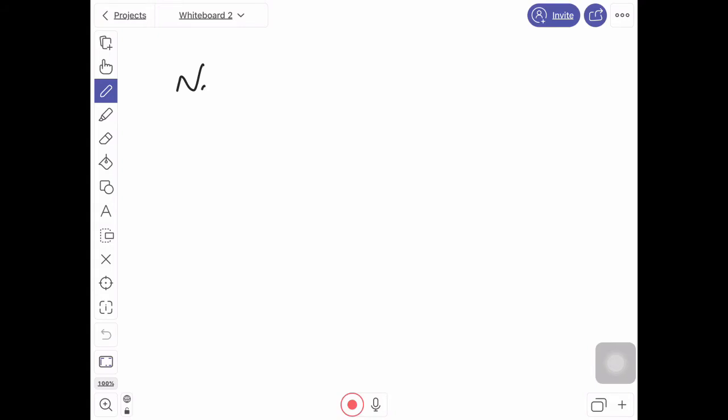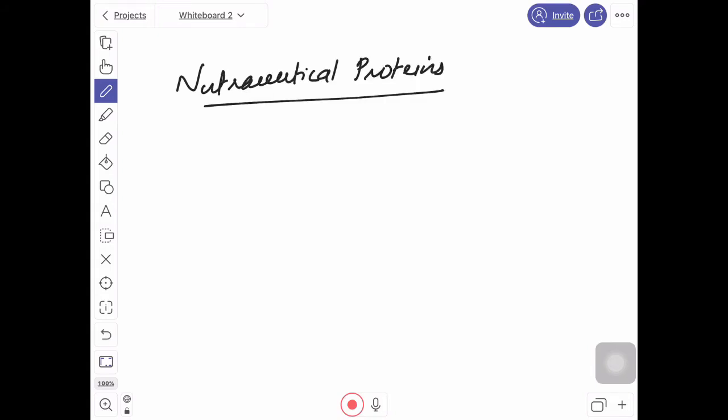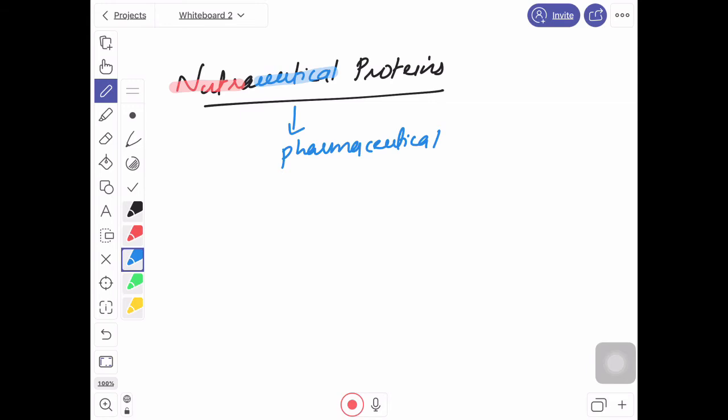nutraceutical proteins. You know, this is combining two words. One is nutra, means nutritional. The other part is ceutical, that word comes from pharmaceuticals.